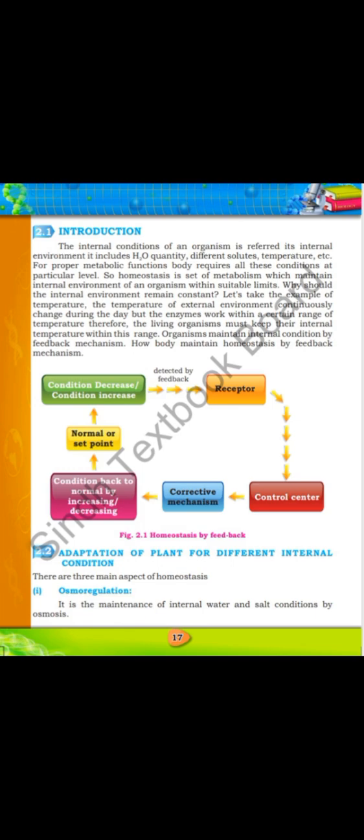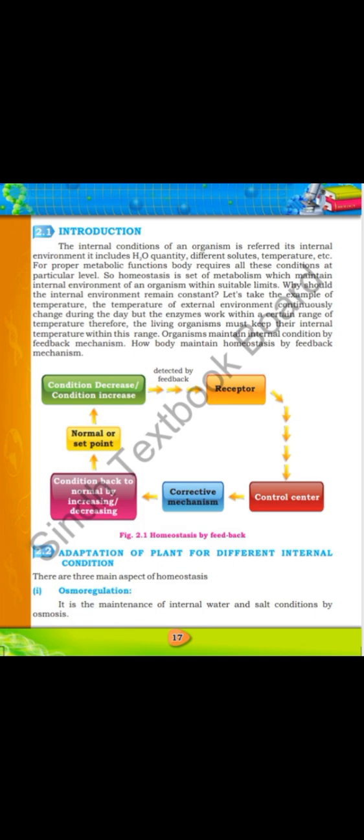First of all, the receptor detects the changes and sends them to the control center, and then the control center analyzes them and corrects the mechanism, and changes the condition back to normal by increasing or decreasing. If the conditions are increased, then they will be decreased.